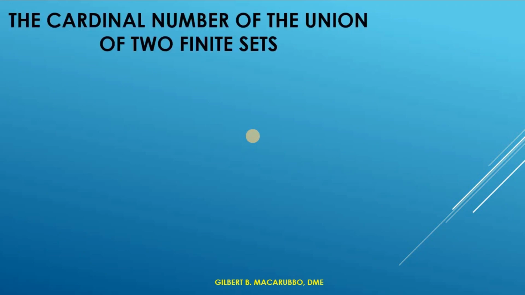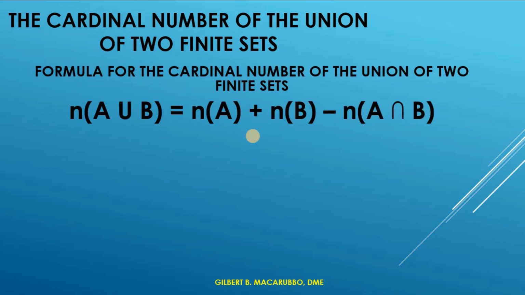So we have here now the cardinal number of the union of two finite sets.